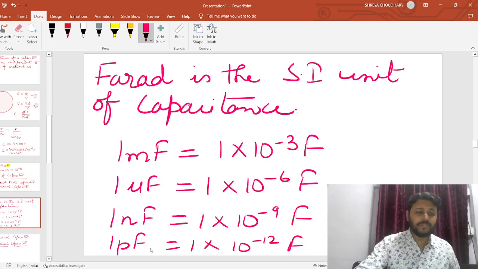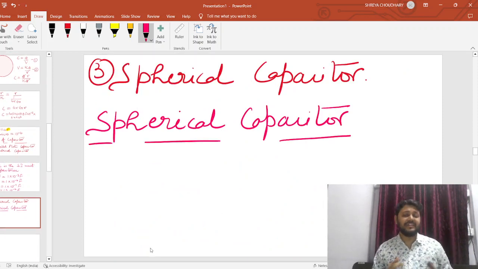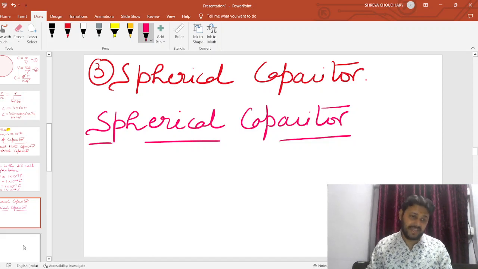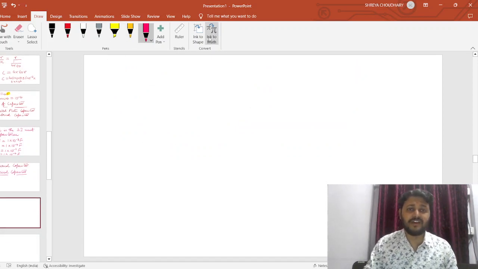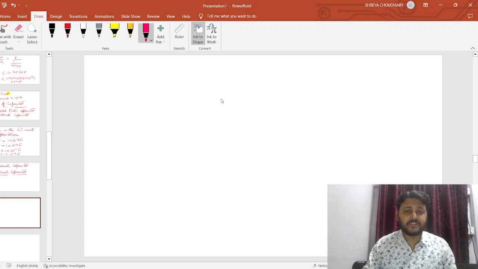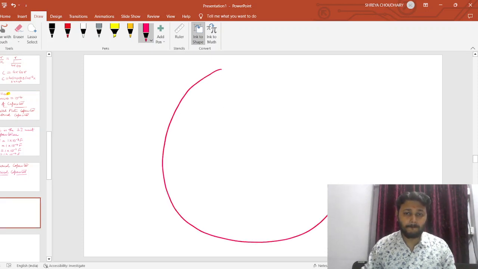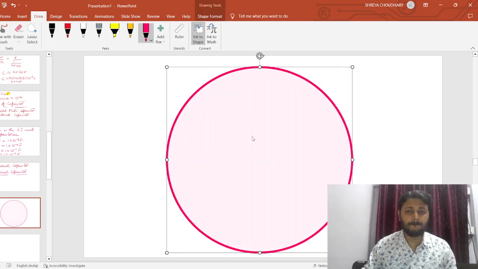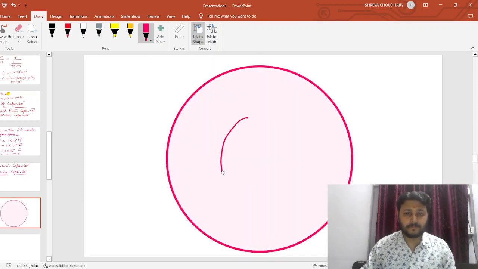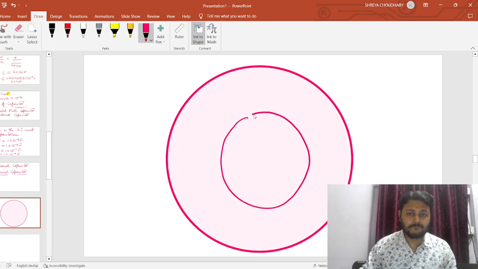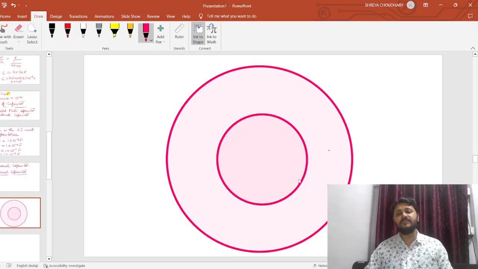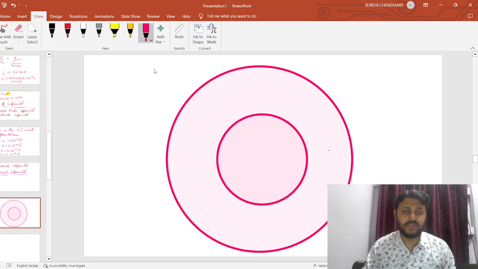Okay, over to the next slide, that is the spherical capacitor. For the spherical capacitor we have a certain diagram, so let me draw this diagram in the next slide. Let us have two spherical conductors over here.